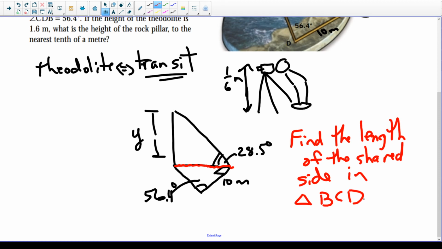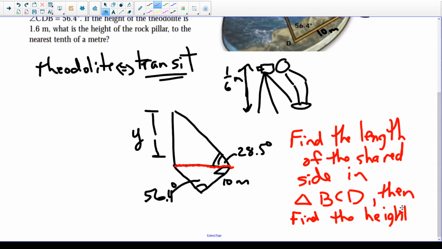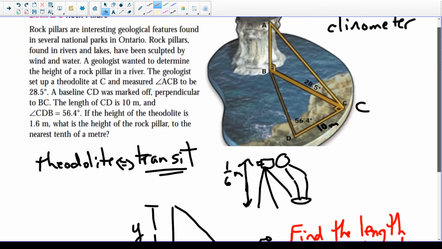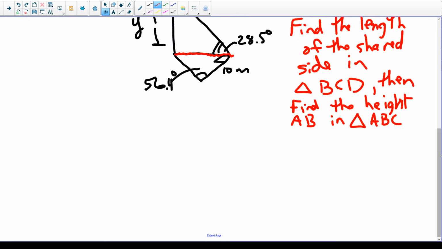In triangle BCD, then find the height. I know I labeled it y, but it's actually AB. In triangle, well, let me redo that. And that would be triangle ABC. And that is our plan of attack.